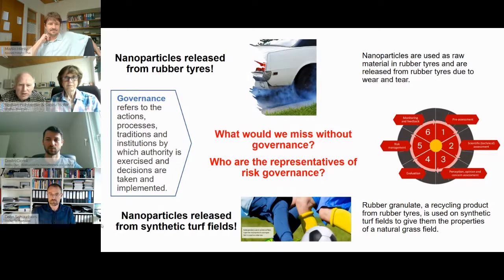Experts, societal stakeholders, non-governmental organizations? Or the industry? Are they interested in changing something? Or politicians? What do you think? What is the medium? How can they express their concern, if there is a concern?